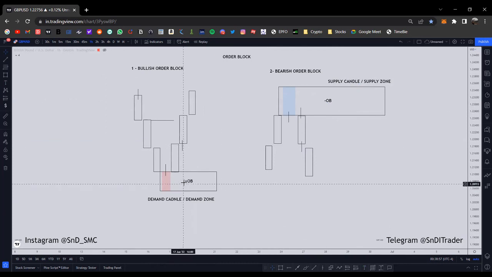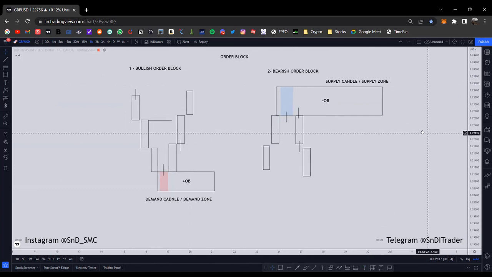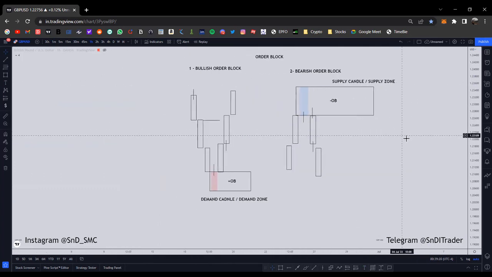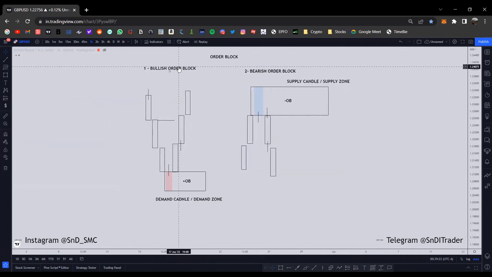So the bullish order block will be the last bearish candle which is responsible for the up move, and the bearish order block will be the last supply candle, the last candle which is responsible for the down move. That is how you are going to understand bullish and bearish order blocks.